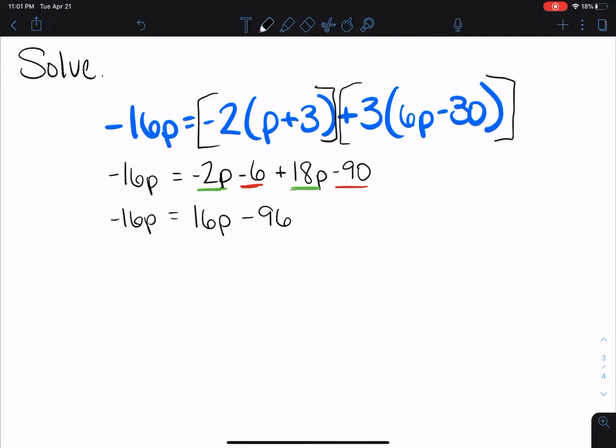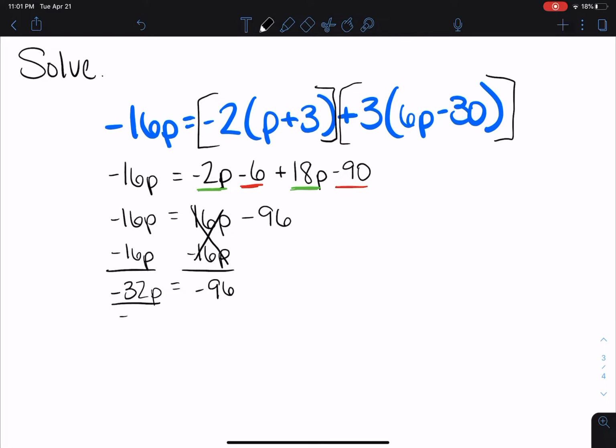All right, now we need to solve, so we're going to subtract 16p from both sides. Negative 16p minus 16p is going to give us negative 32p, which is equal to 0 minus 96.